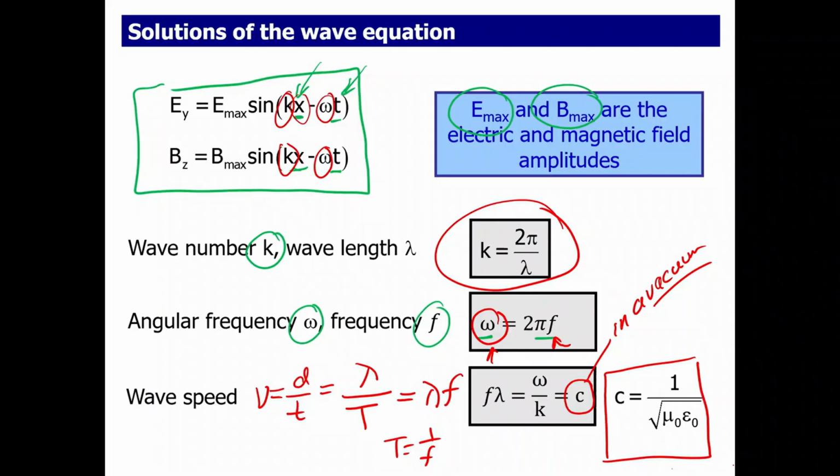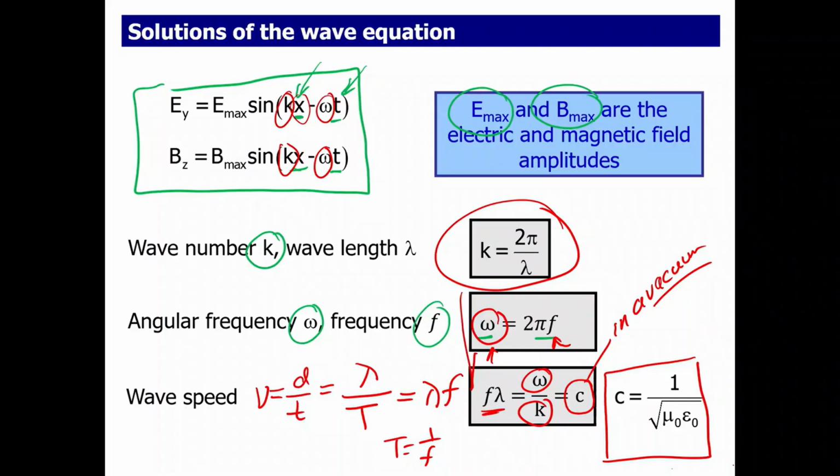And that comes from the solution to those differential equations on the previous slide. So our wavelength times frequency is also the same thing as our angular frequency over k. You could show that by substituting in these two definitions here, and you could prove that that was actually true.